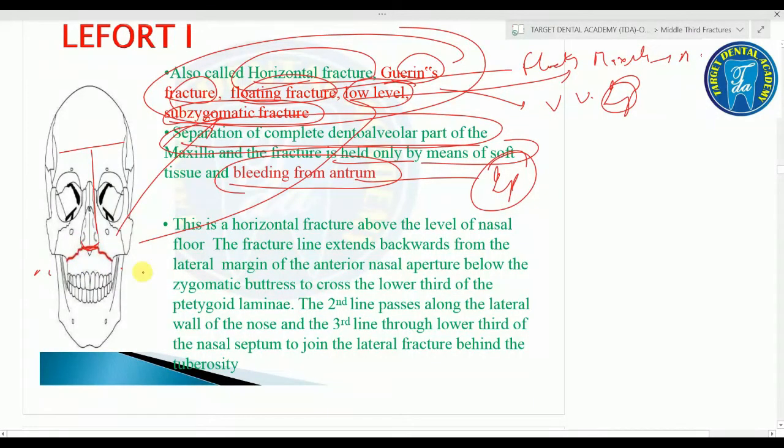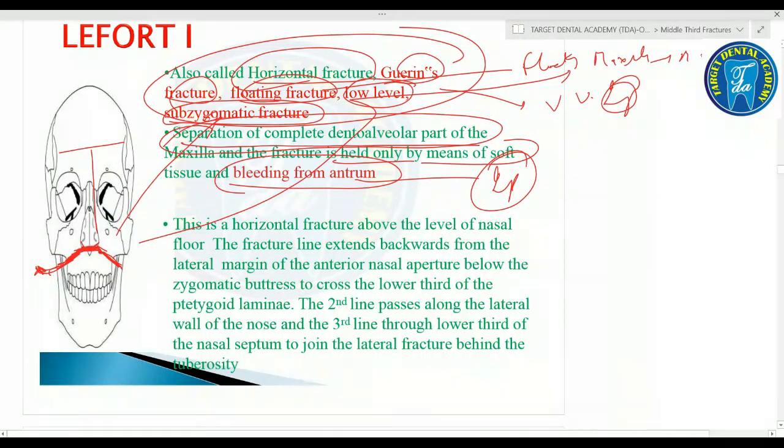The fracture line extends backward from the lateral margin of the anterior nasal aperture, below the zygomatic buttress, to cross the lower third of the pterygoid lamina. The second line passes along the lateral wall of the nose, and the third line goes through the lower part of the nose and the nasal septum to join the lateral fracture behind the tuberosity.